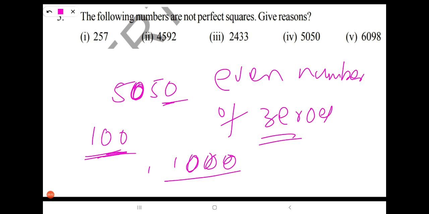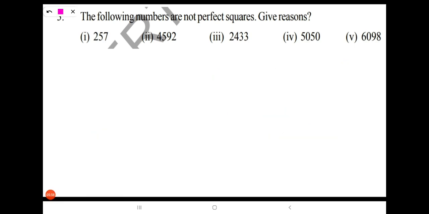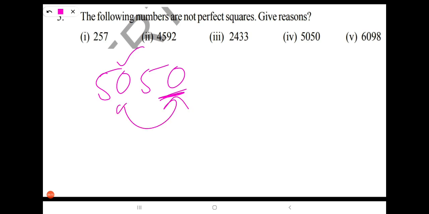So coming to 5050, it is ending with only 1 zero. Somebody says there is one more 0 here, so it has 2 zeros, which is an even number of zeros. Then why is it not a perfect square?